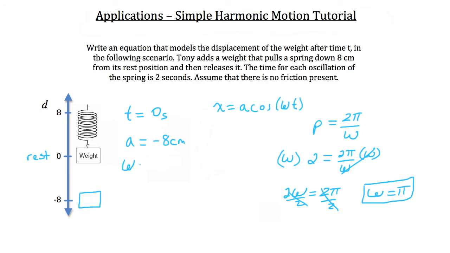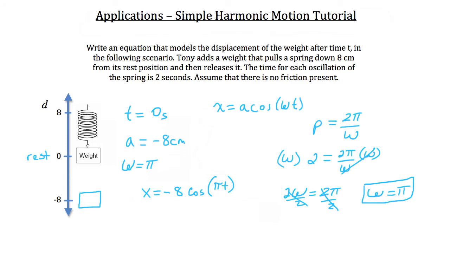So let's write out our formula now. x is equal to our a value, which is -8, times the cosine of our omega, which is pi, times t. So this equation now is going to model the displacement of our weight at any time.